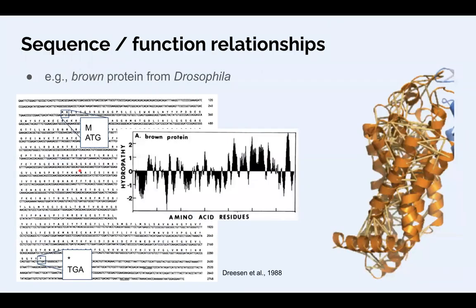So an example here of a protein from fruit flies. This is the brown protein from fruit flies in one of the papers you might read during the fruit fly lab. Just as we did at the beginning of this lecture, we can see the nucleotide sequence. And this one has it broken down where the 3-letter codons for the DNA are there, as well as a single letter.